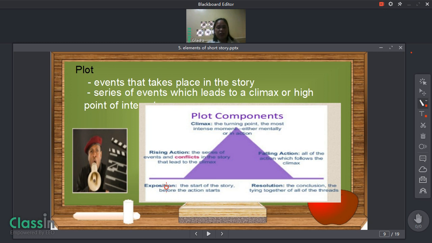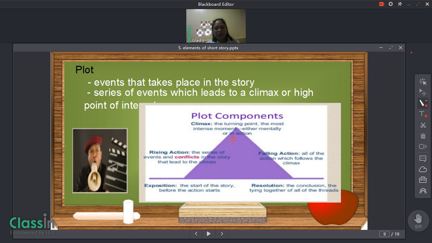And then as it goes up to the second part of the plot components, we have the rising action, which is the series of events and conflict in the story that lead to the climax. In the rising action, the conflict or the problems that arise in the story now appear, and these are the problems that the main character will solve in the story.